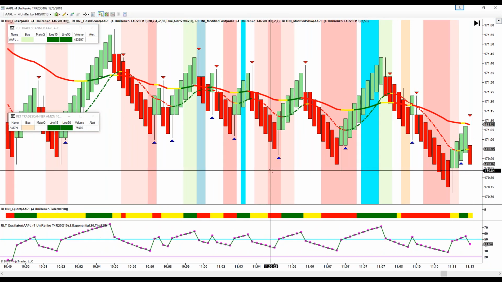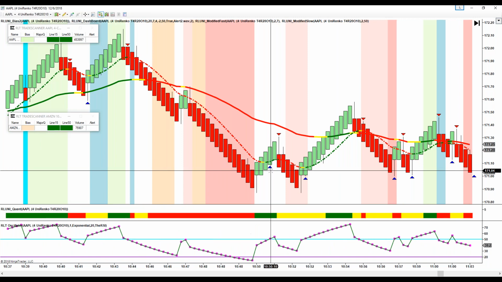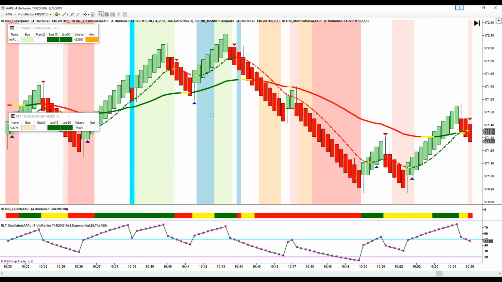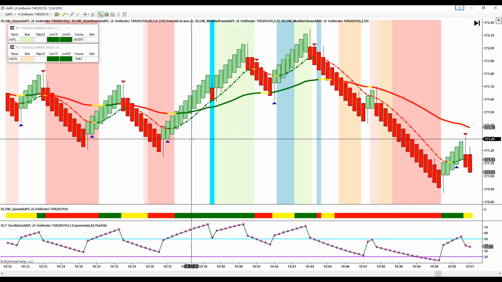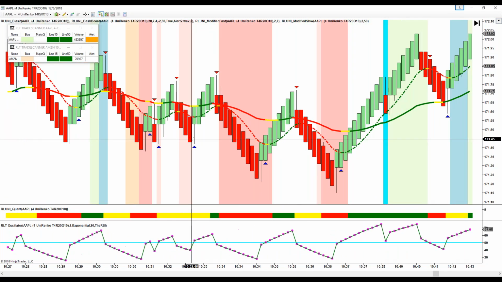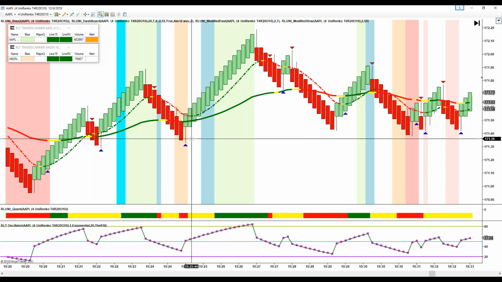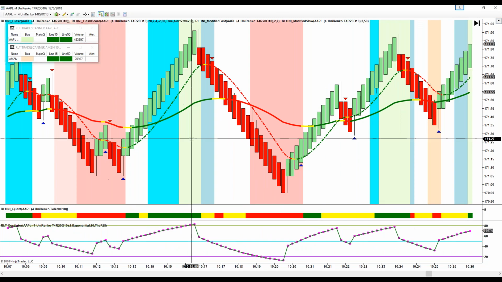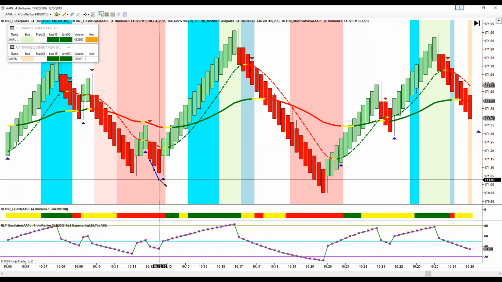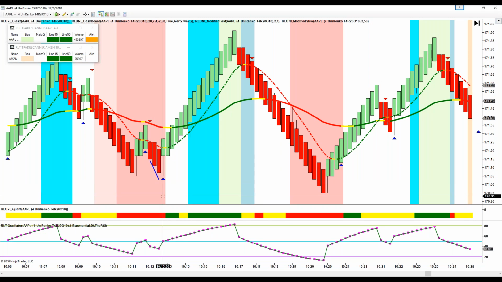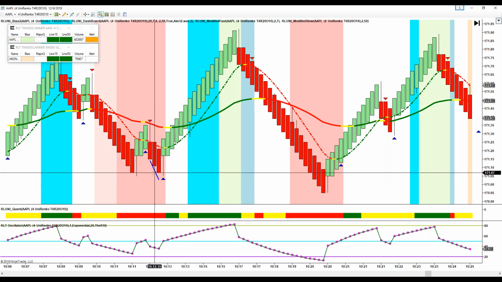Now, one of the most powerful features of the system is its inability to give you a loser. It's very, very tough to get a losing trade. And we're going to look at it here. Now, here's a small one right here, and this could potentially be a loser.